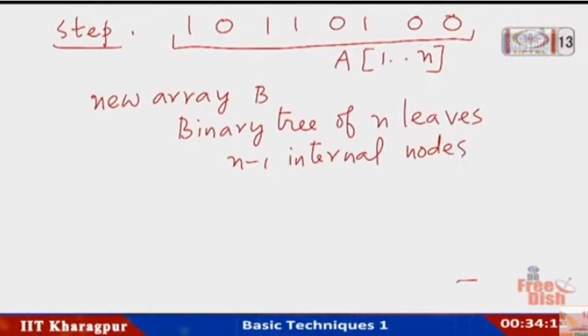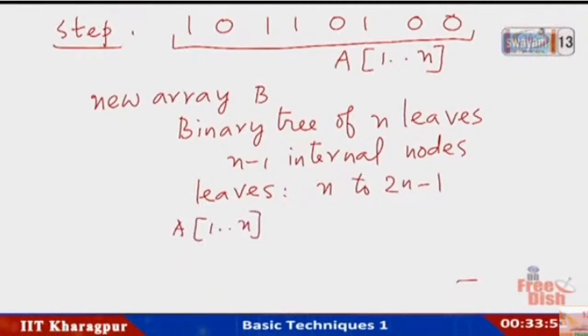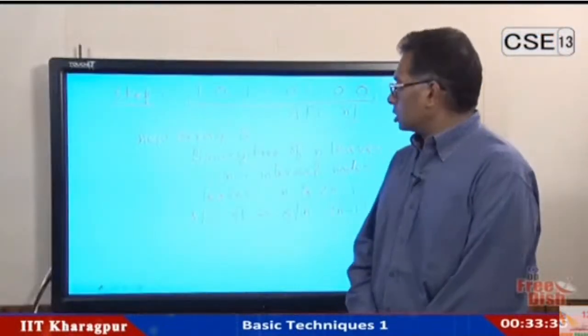And in the array representation, the n leaves will occupy positions n to 2n-1, both inclusive. So the first thing that we do is to copy A[1 to n] into B[n to 2n-1]. This copying can be done in order one time if you have as many processors as there are elements.